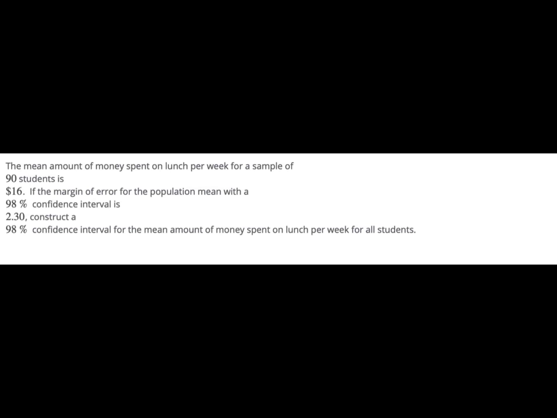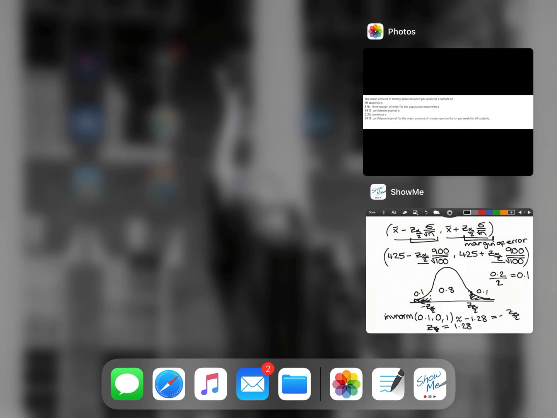They have already figured out that z value for a 98% confidence interval. They have some population standard deviation that they have used, and we know that n was 90. So they have used some information that they have not given us or that they have worked out and have not shown us, so we don't have to do it. They've done all of that for us and just told us what that term was for a 98% confidence interval.